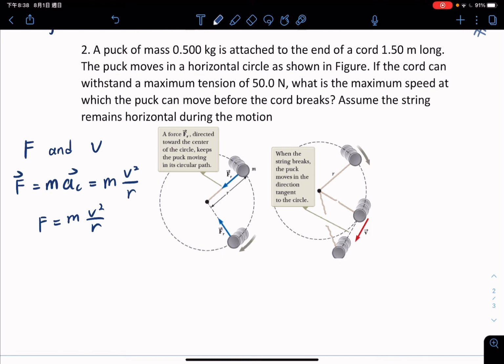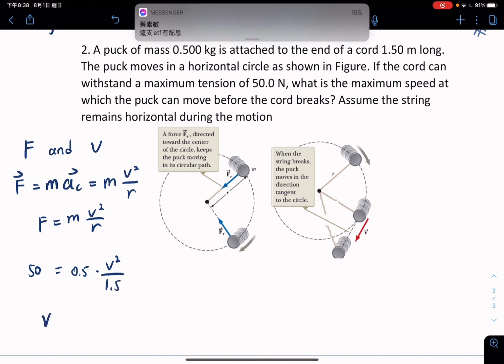And the puck is 0.5 kilogram. And the maximum tension is 50 Newton. 50 Newton is equal to 0.5 times V squared over 1.5.